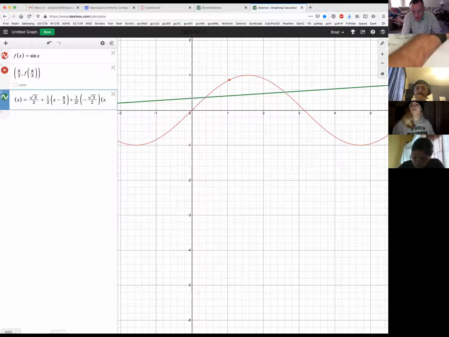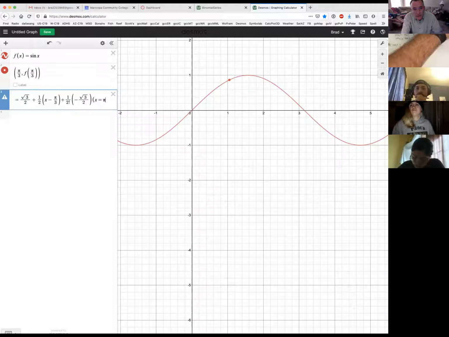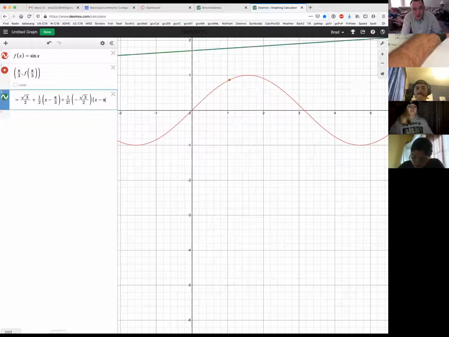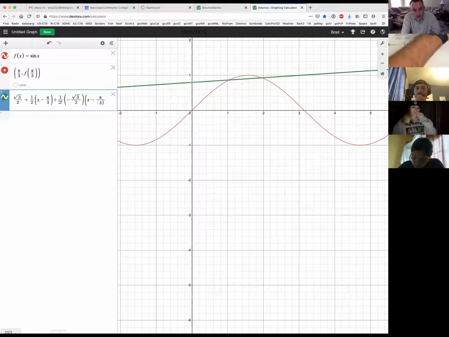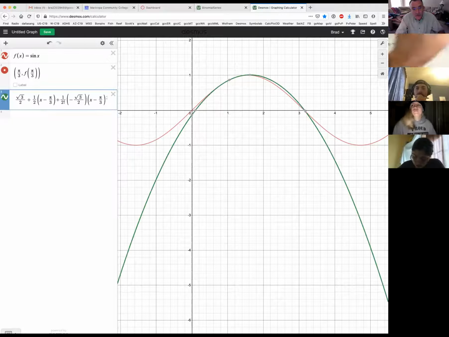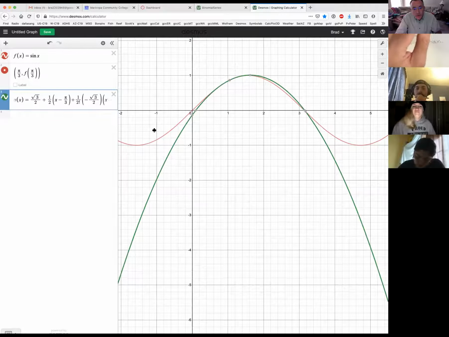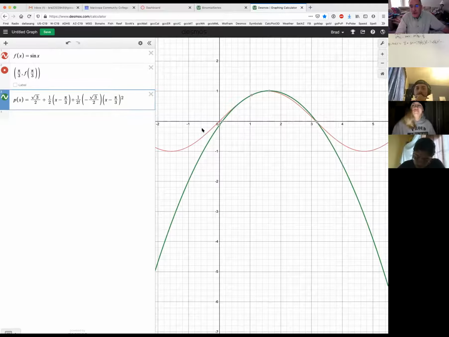And now we have x minus pi over 3 to the 2nd power. And then I'll just move this over a little bit. And check it out. Now we've got a parabola, and the parabola agrees even longer, right? It's fitting tighter for even longer.